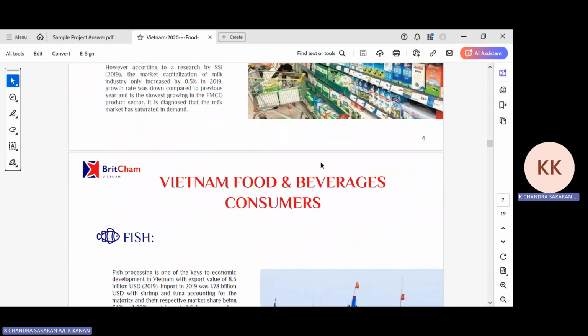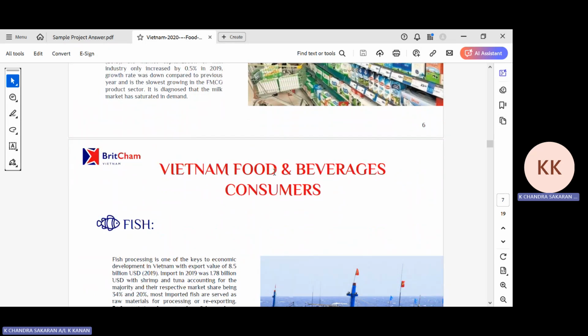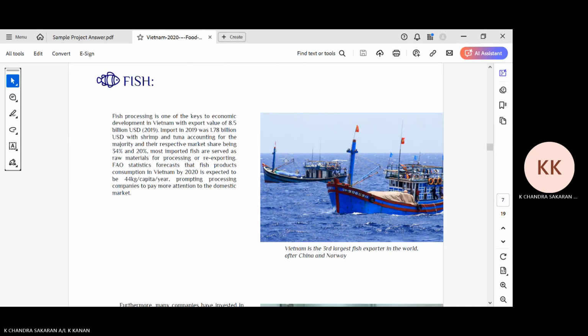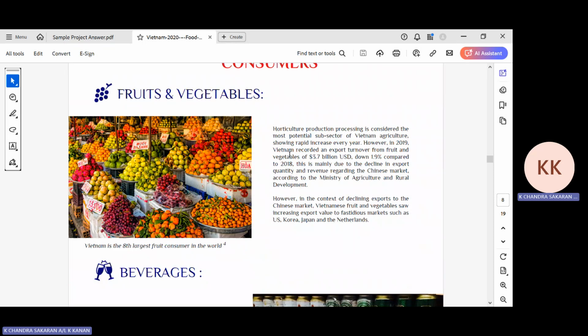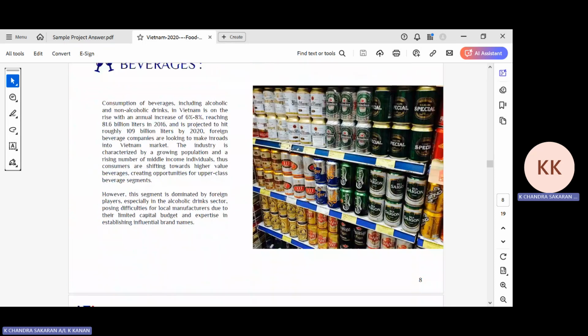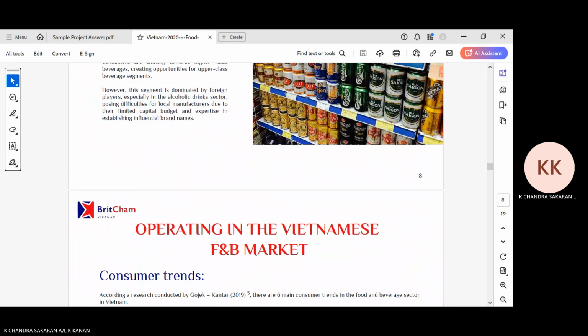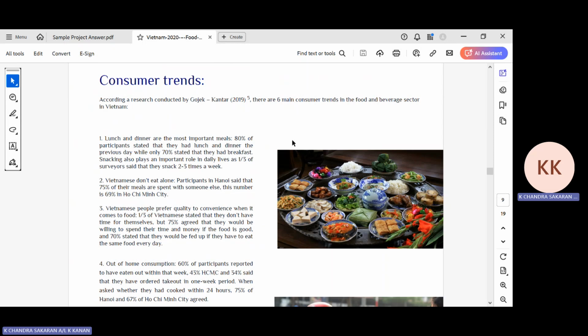So when we say F&B, it covers this kind of sector. Fish market, vegetable market, beverages market, consumer trend. So if you look for the right report, you can get all the details that you require to write your project. I'll just show you one example of a report.